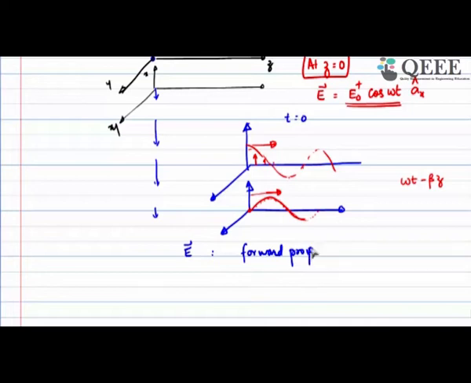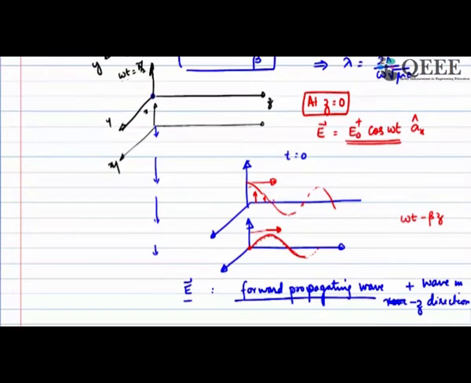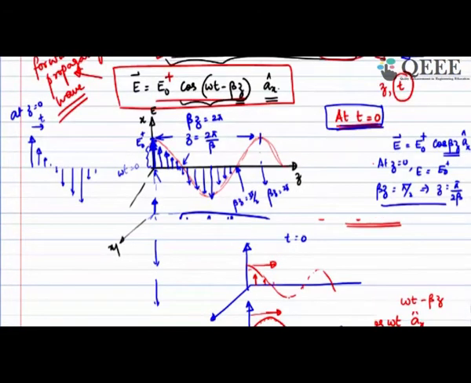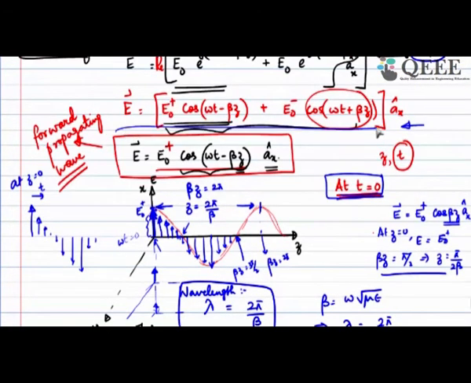So the general solution is a plane wave, a combination of a forward wave and a backward wave.